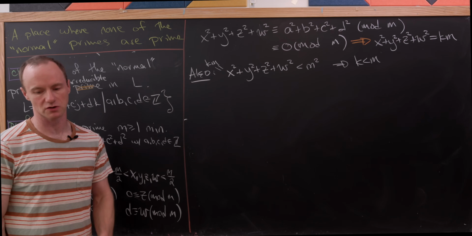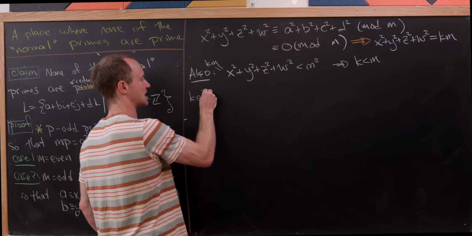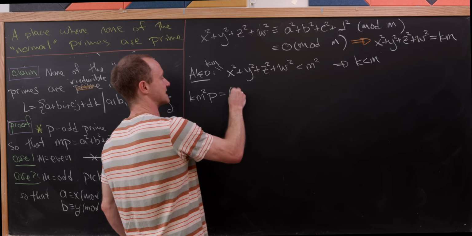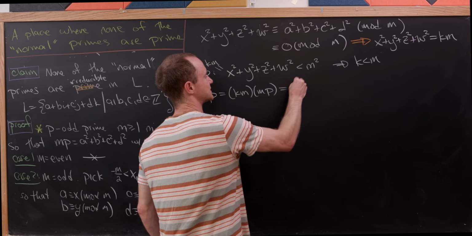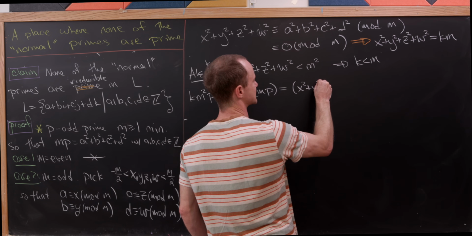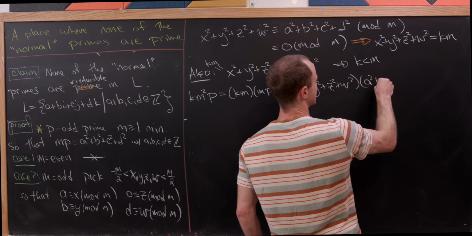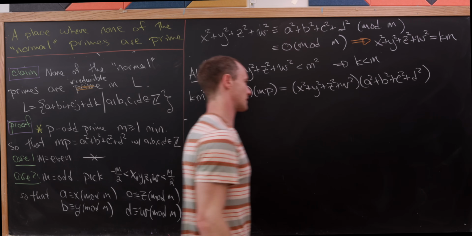And now here's where things get goofy, and it's going to involve this crazy formula, which I think is due to Lagrange, and that is this. Let's take k times m squared times p, and let's write that as k times m times p. But let's observe that is x squared plus y squared plus z squared plus w squared times a squared plus b squared plus c squared plus d squared, right?